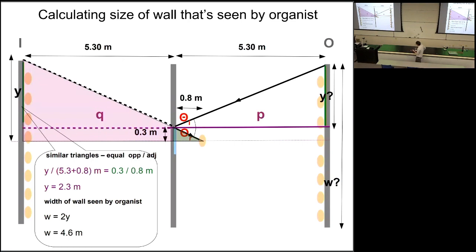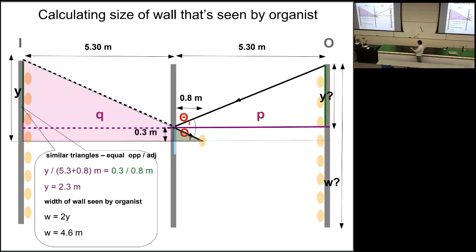The fact that they're similar triangles says that the ratio of the vertical height to the horizontal width for the magenta triangle, that's y over 5.3 meters plus 0.8 meters, is going to be equal to the same ratio for the small green triangle, the vertical height divided by the horizontal width. That's 0.3 meters over 0.8 meters.